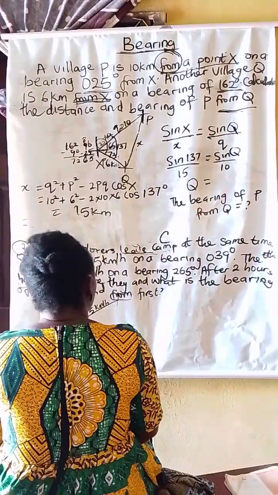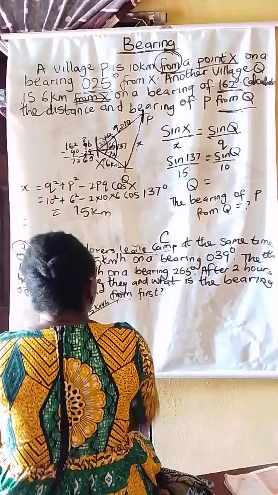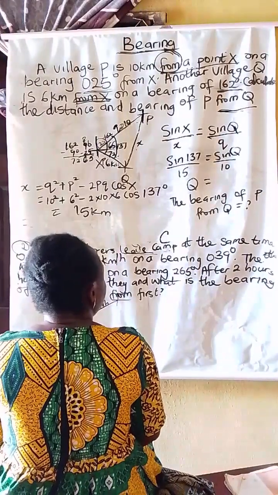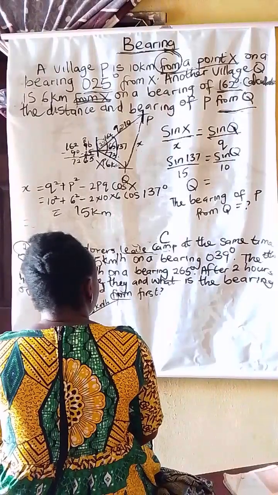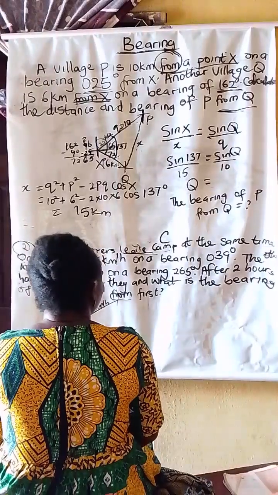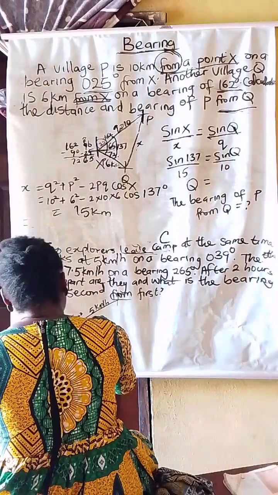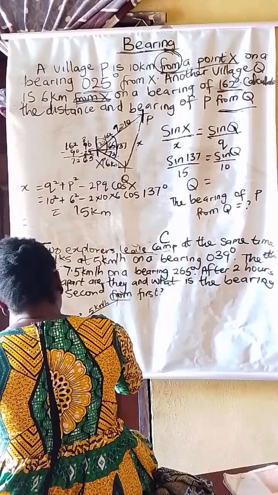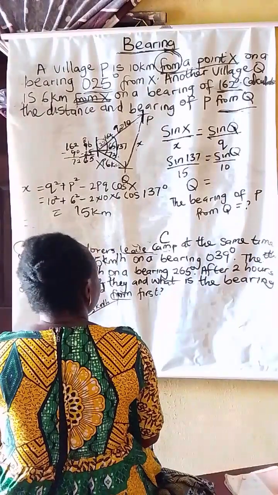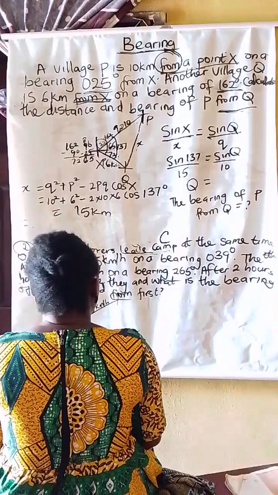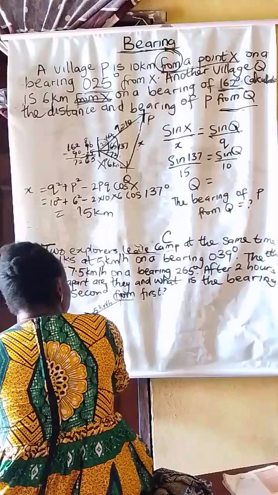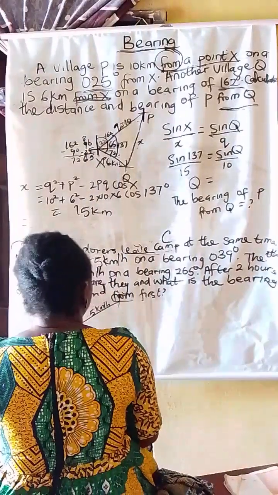Camp is C. So the two explorers, one on a bearing of 39, the other walks at 7.5 kilometers per hour on a bearing of 265. 265 is in the third quadrant.